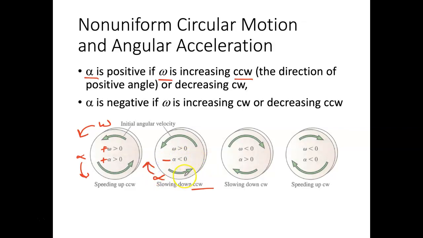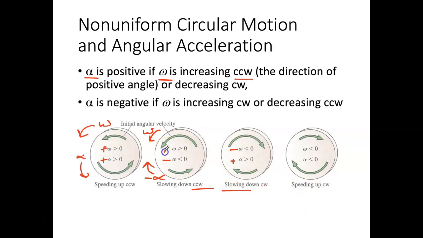Notice how it is going in a clockwise direction. So it's negative because it is clockwise. Counterclockwise is still my initial angular velocity. If my initial angular velocity is negative and my angular acceleration is positive, then I'm slowing down again because they're opposites.